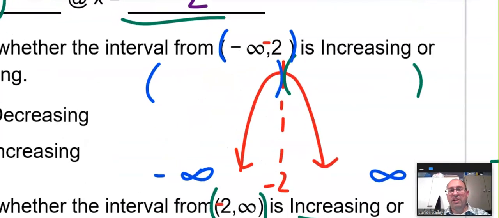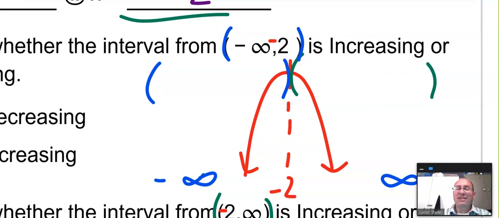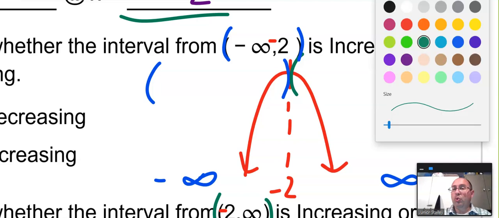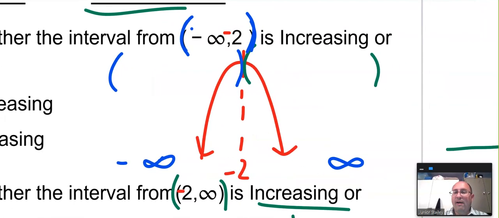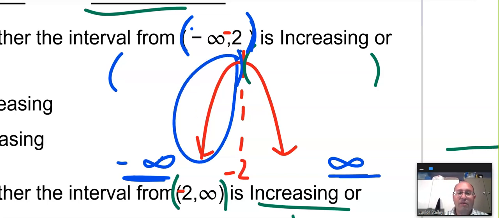So in this particular situation, we have isolated sections. You'll see that I used blue parentheses around the negative infinity to negative 2. If you look at a graph, they're splitting it up: negative infinity on the left, positive infinity on the right, negative 2 in the middle. So the blue one, this section over here of the graph, from negative infinity to negative 2.